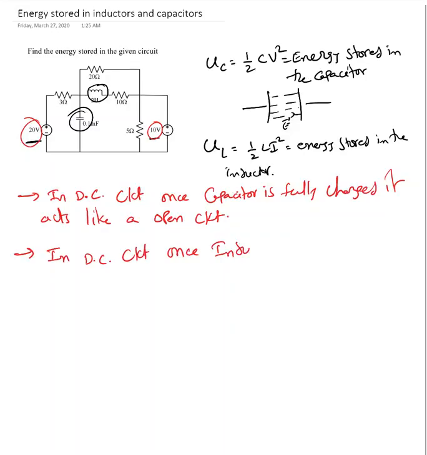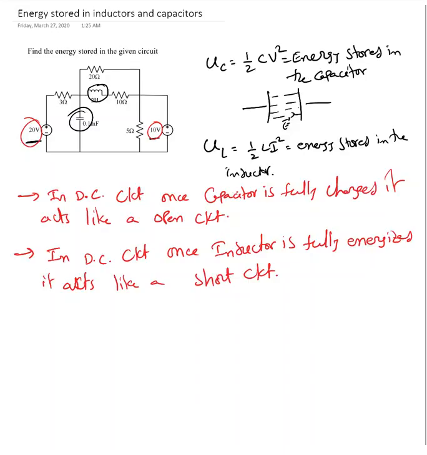And in a DC circuit, once the inductor is fully energized, it acts like a closed circuit, or short circuit. Short circuit is the right word. So in DC, once the capacitor is fully charged, it acts like an open circuit, and the inductor acts like a short circuit.